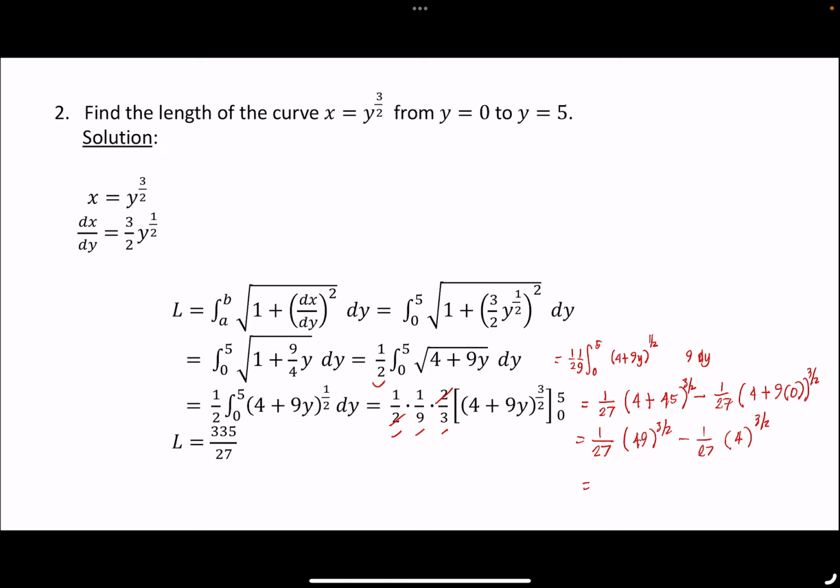So this would be 7 cubed over 27 minus, square root of 4 is 2, 2 cubed is 8 over 27. So this is 343 minus 8 all over 27. And that would give us 335 over 27 units.